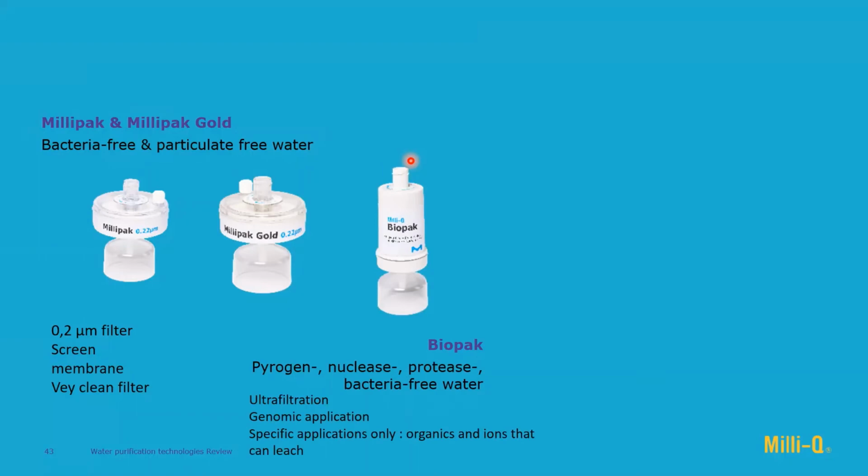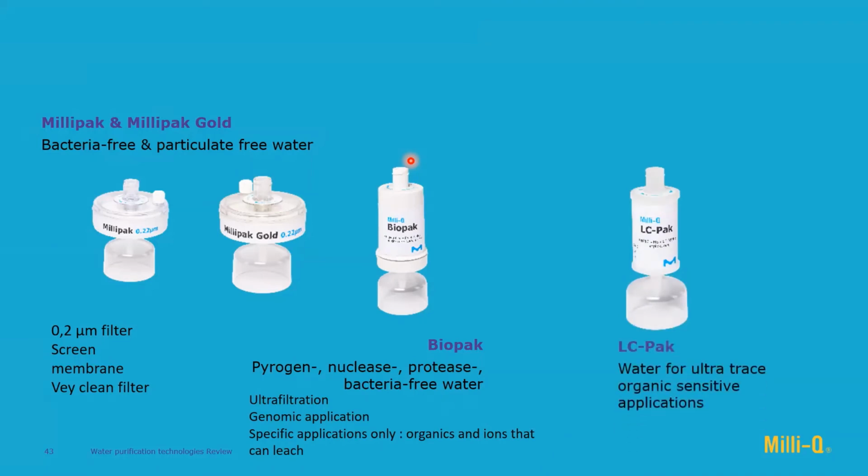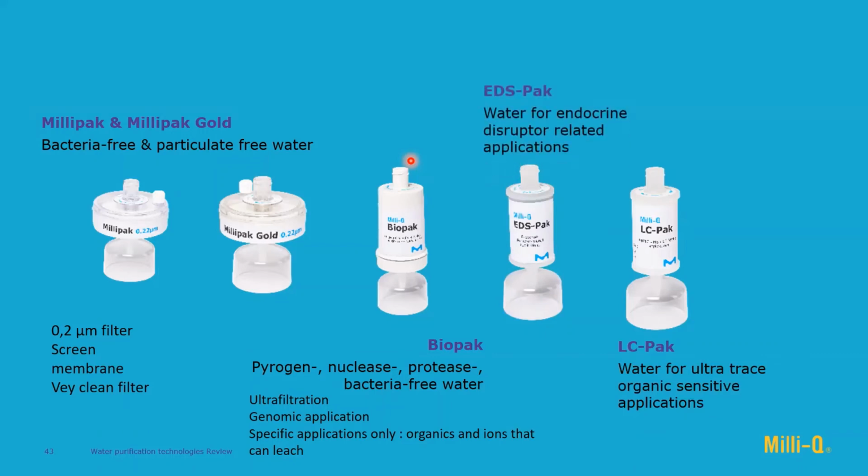So mainly it is for ultrafiltration for genomic applications. So we got you covered. For organic analysis, we have the LC-Pak for water for ultra-trace organic sensitive applications like HPLC. We have the EDS-Pak for those who require water for endocrine disruptor related applications.